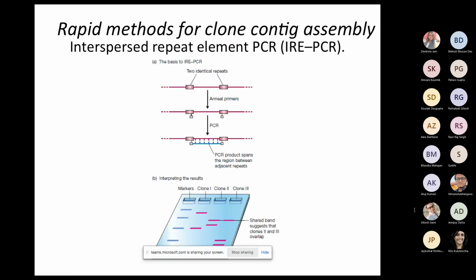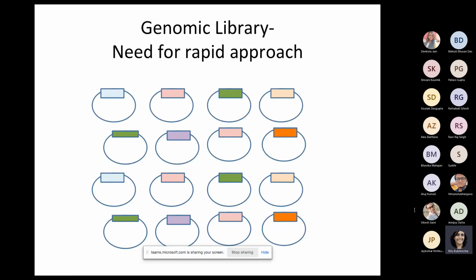Another method, again coming to the same figure, is this. As I told you, restriction enzyme sites can be common in the overlapping fragments. Similarly, repeat elements in these big genomes are very, very common.